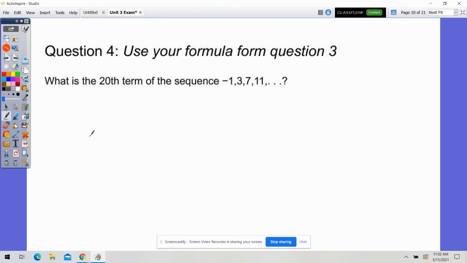Question 4. So using your formula from question 3, what is the 20th term of that same sequence? -1, 3, 7, 11.